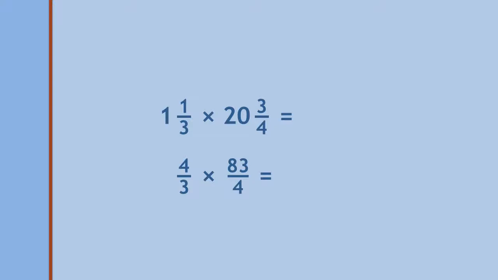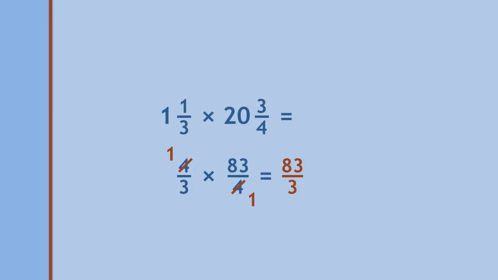So now we're going to take a look. Can we do any canceling? Well, we can see pretty easily that we can cancel the 4s and put 1s in both of their place. And 3 and 83 do not have any common factors. So those numbers are going to stay the same.